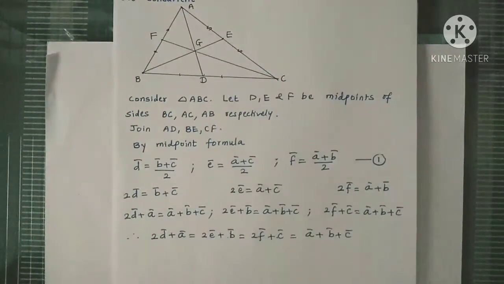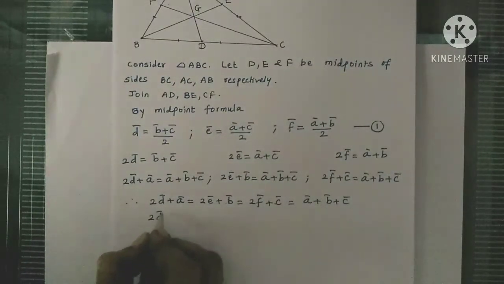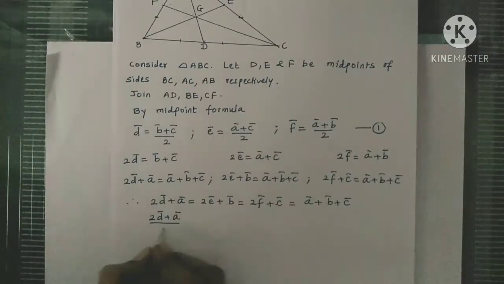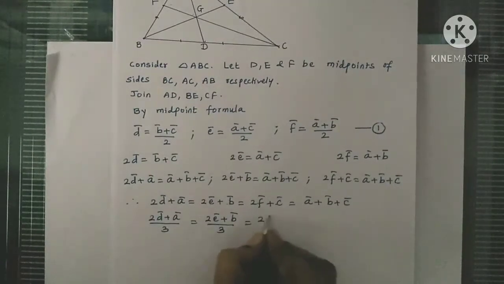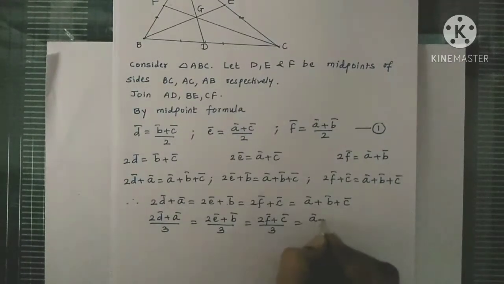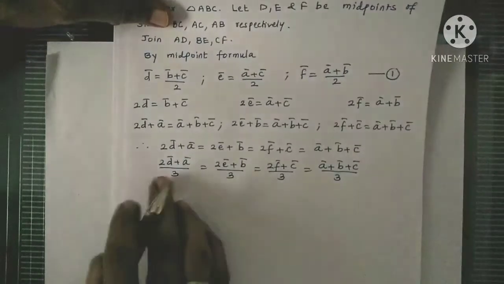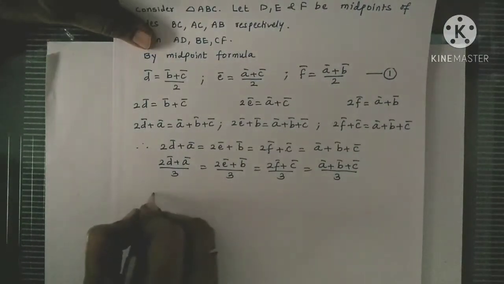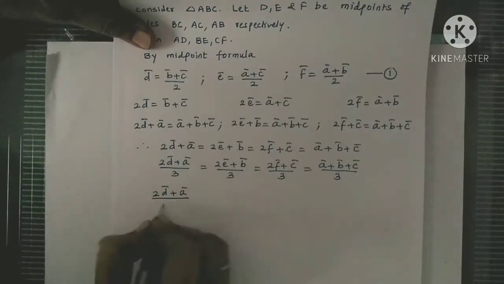So let's divide this equation by 3. So dividing by 3, we have 2 d bar plus a bar upon 3 equal to 2 e bar plus b bar upon 3 equal to 2 f bar plus c bar upon 3 equal to a bar plus b bar plus c bar upon 3. Now this 3 we can write as 2 plus 1, so that each term is in the form of m b bar plus n a bar upon m plus n.